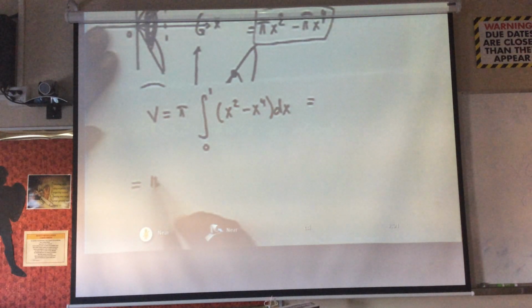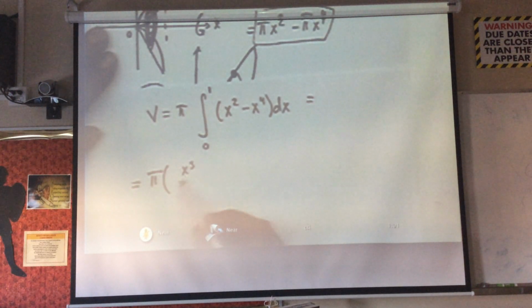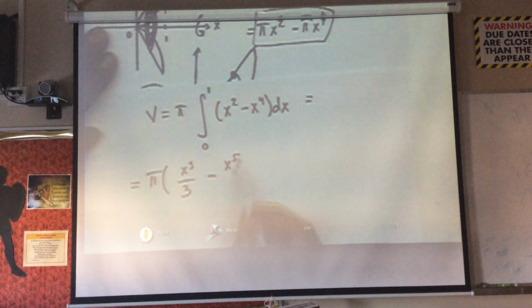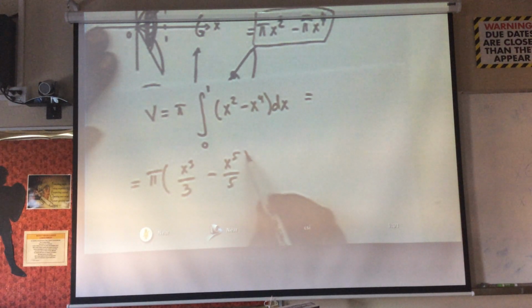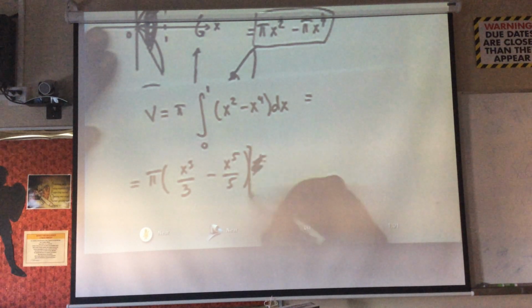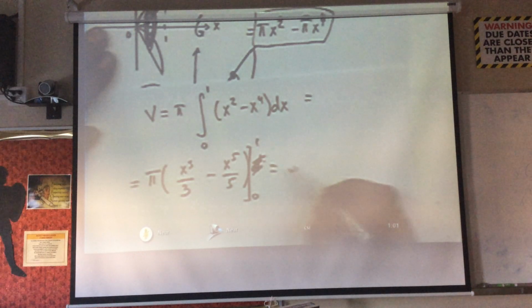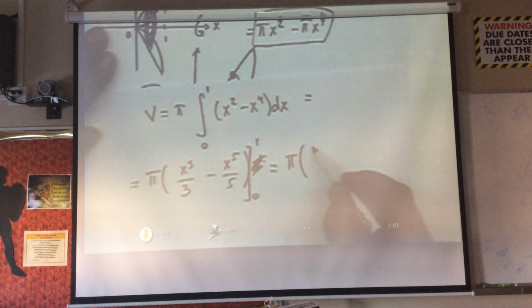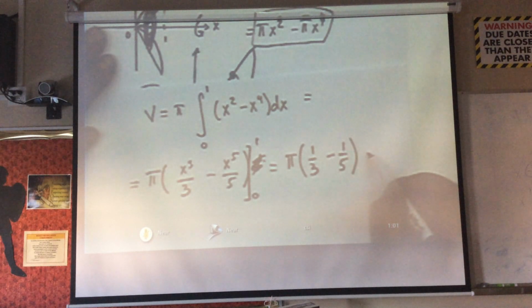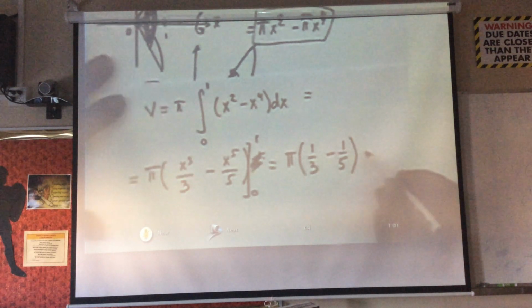Very simple integral to find. So we get x cubed over 3 minus x to the fifth over 5, from 0 to 1. If we substitute, we'll get 1 over 3 minus 1 over 5, and obviously we get minus 0.